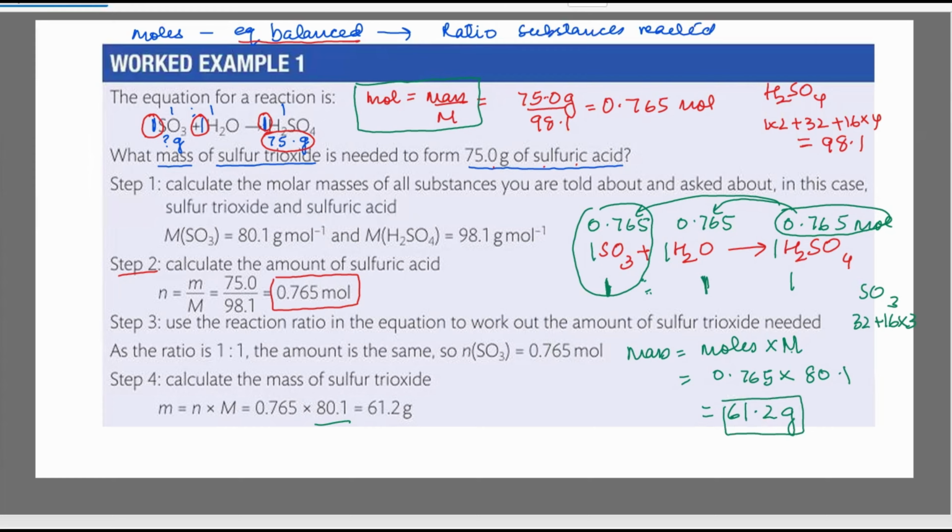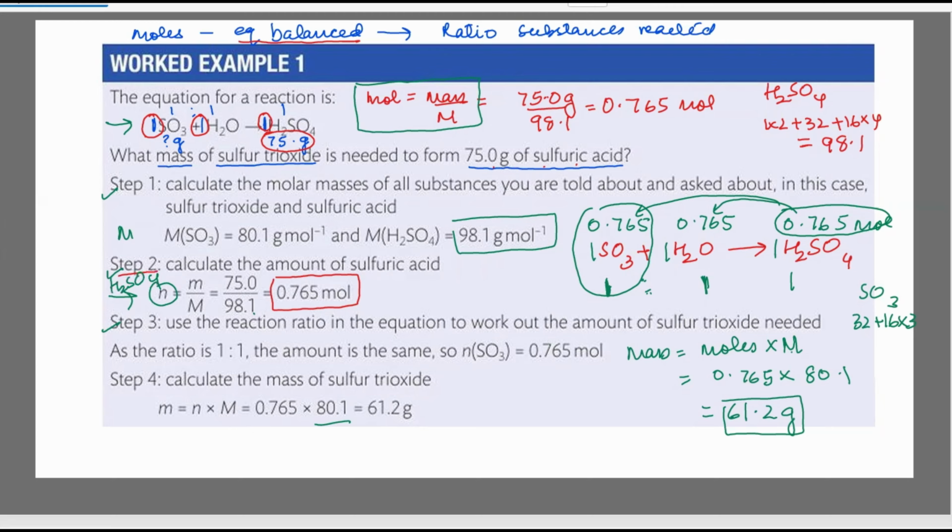So we calculated this whole thing in basically 3 steps. First, we converted the mass of sulfuric acid: we calculated the molar mass of sulfuric acid, then used it to divide the given mass by the molar mass, and we got the moles of sulfuric acid.